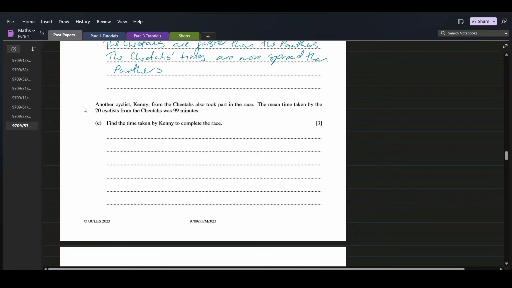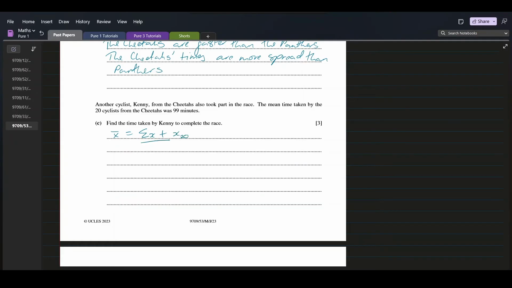Another cyclist, Kenny, from the Cheetahs also took part in the race. The mean time taken by the 20 cyclists from the Cheetahs was 99 minutes. Part C, find the time taken by Kenny to complete the race. Okay, so our mean for all 20 competitors will be the summation of the first 19 competitors plus, we'll say x20 to represent Kenny, over n, which is 20.